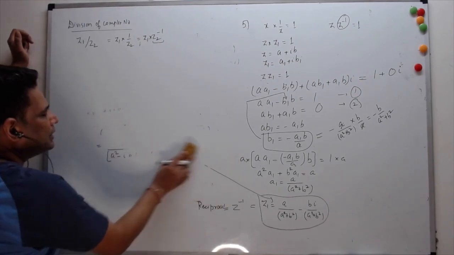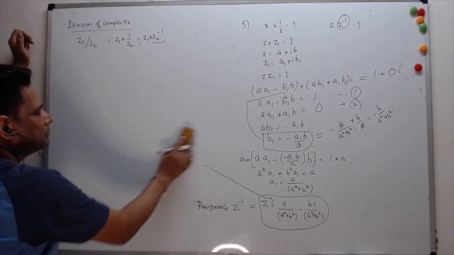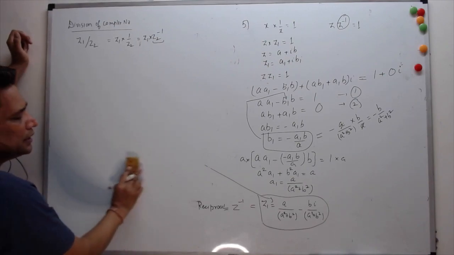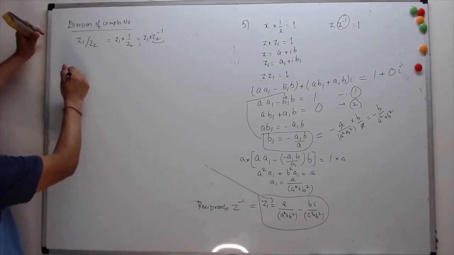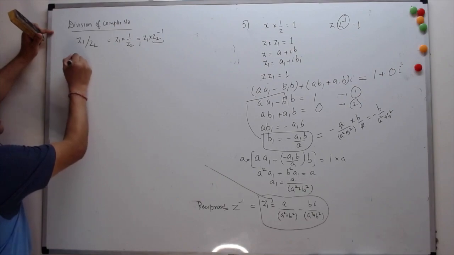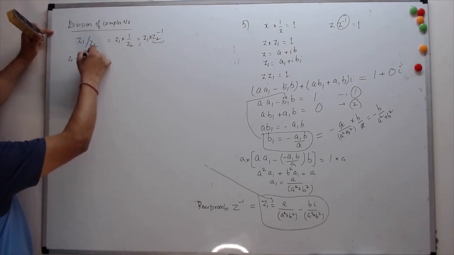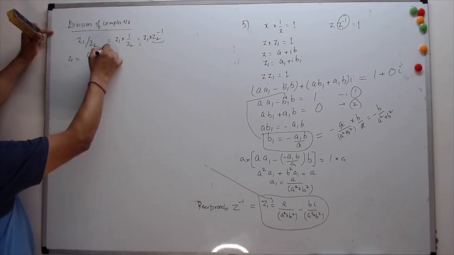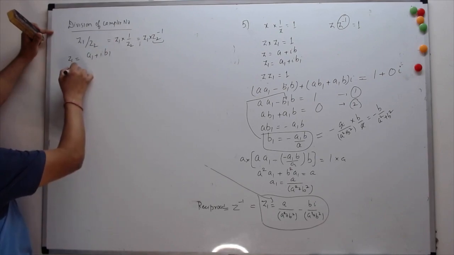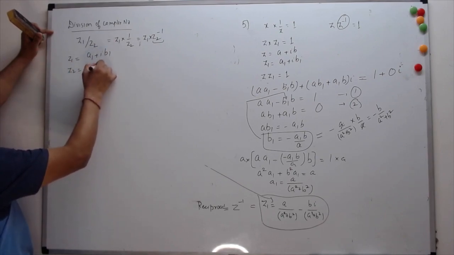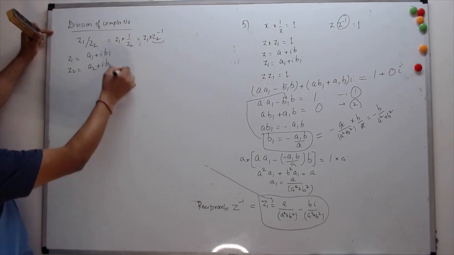It becomes a little more elaborate in terms of looking at values. So let's say z1 is a1 plus I times b1, and z2 is a2 plus I times b2.